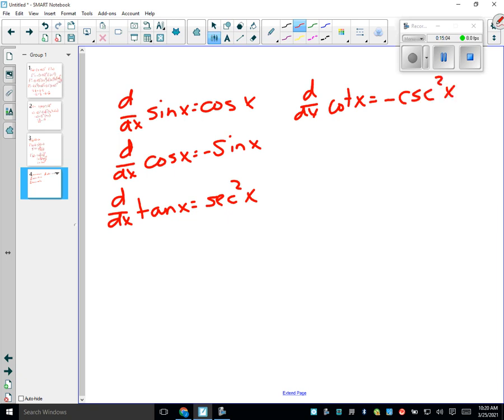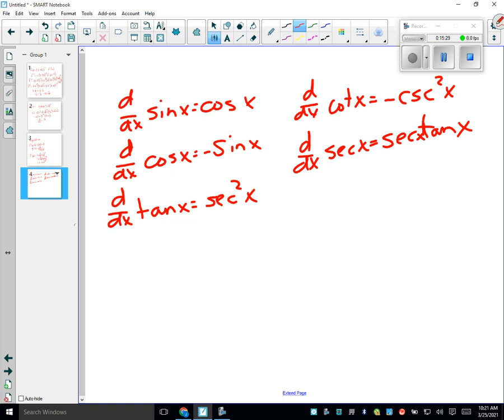If x was something besides x, like if I was taking the derivative of sine of x squared, it would be cosine of x squared times 2x. What is the derivative of secant? Do you know? I knew, Emma knew. Did you know?